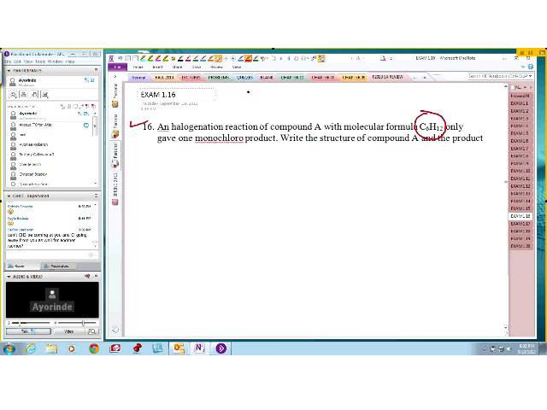Remember, the general formula for alkane is CnH2n+2, and the general formula for cycloalkane is CnH2n. So what does this formula tell you?